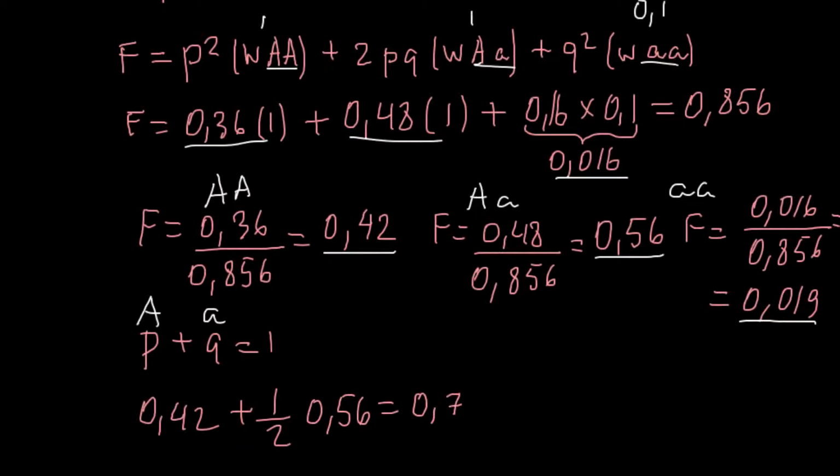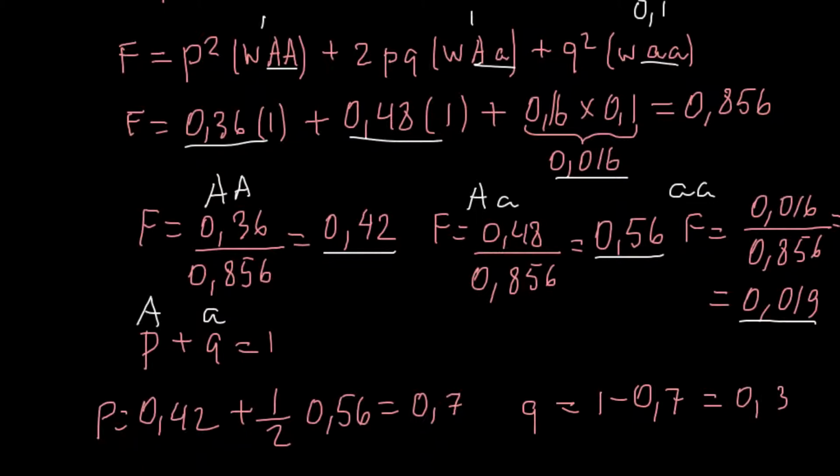And according to our formula, if we know P, we can find Q. We just have to deduct 1 minus P, and this is going to be Q. So this is P, and Q would be 1 minus 0.7, or 0.3.